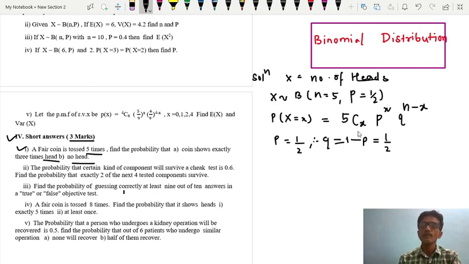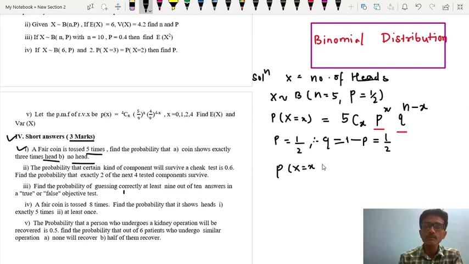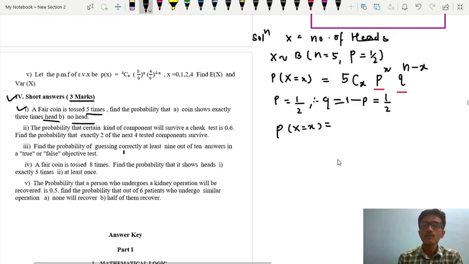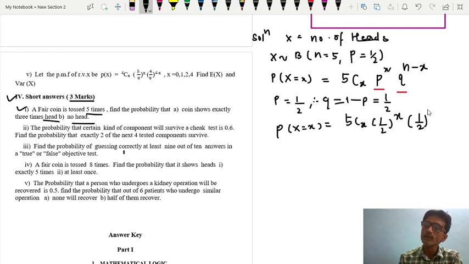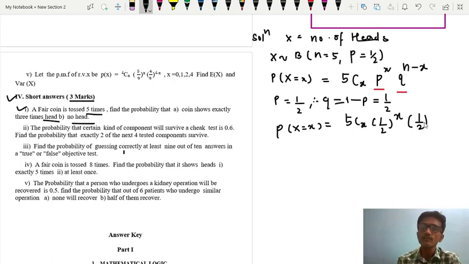Here p and q are both the same, so we can rearrange this formula: P of X equal to x is 5Cx into 1 by 2 raised to power x, and q is also 1 by 2, raised to power n, that is 5 minus x.